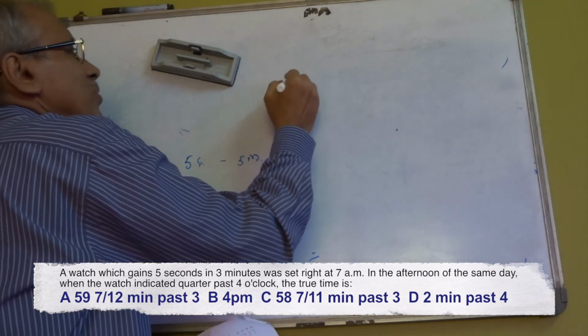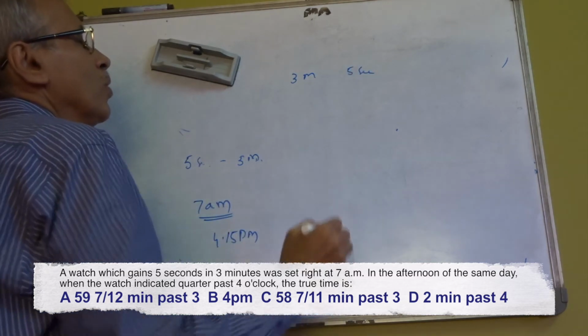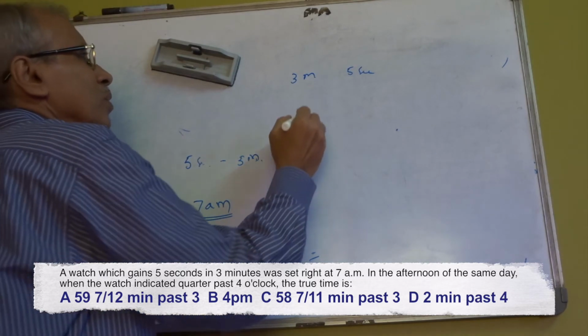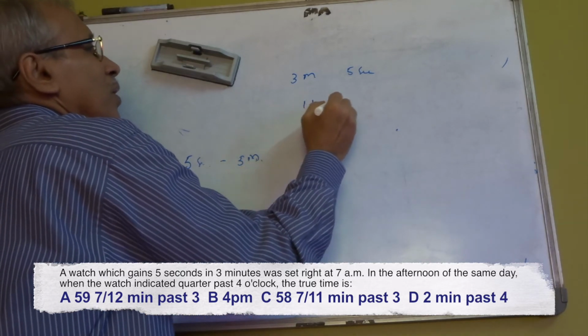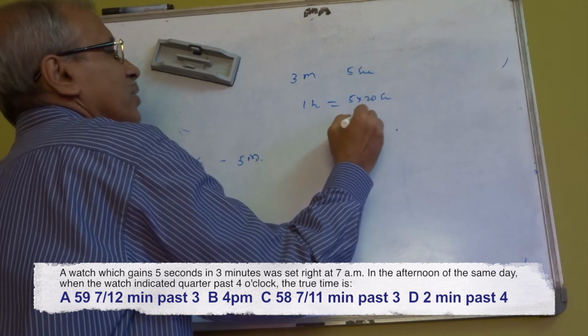Every 3 minutes, 5 seconds goes ahead. So in 1 hour, there are 20 intervals of 3 minutes. So in 1 hour, 5 into 20 seconds, that is 100 seconds it goes ahead.